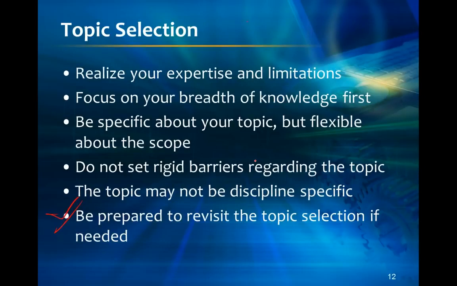Please give more thoughts on be specific about topics but flexible about the scope. What I meant by that is you can define your topic. Okay, I want to work on, let's say, processor architecture.